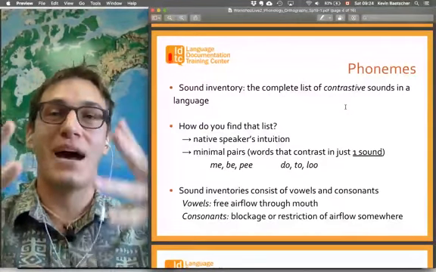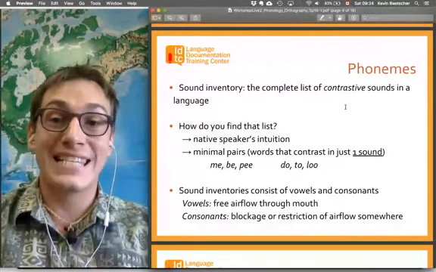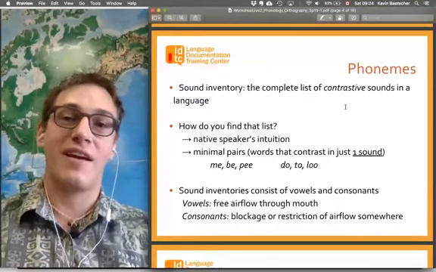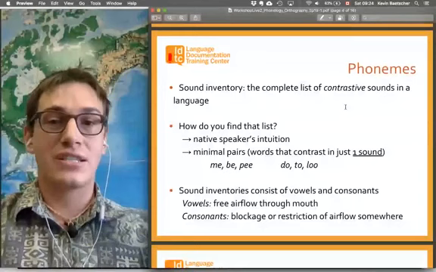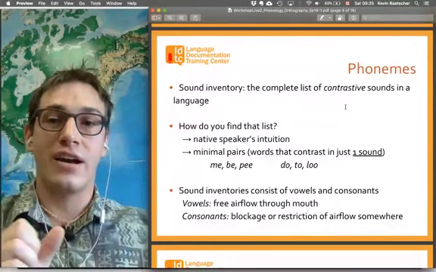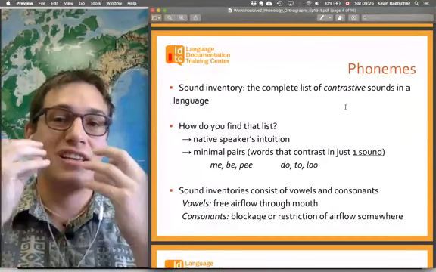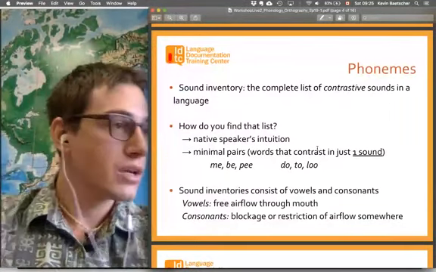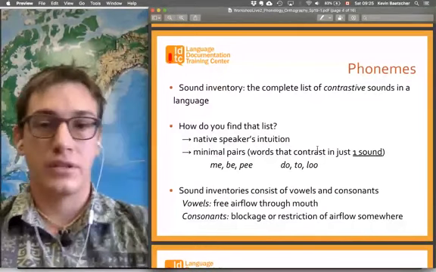Because there's no passage of air. As opposed to an S, you can say S for a long time or Z for a long time because air still keeps flowing. But there's a major obstruction there, right? If I say Z, you hardly see where the air even comes through. So these are consonants. All right, so let's move on here.